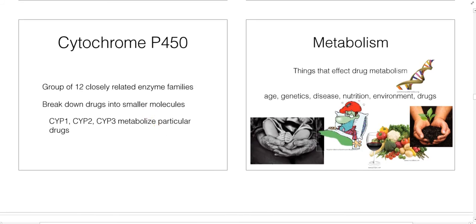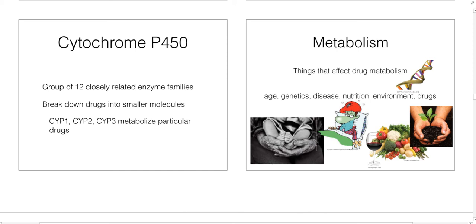Each family has been identified as doing certain tasks or breaking down certain types of medications. And there are a number of things, of course, that can affect drug metabolism: age, genetics, disease, nutrition, environment, other drugs.